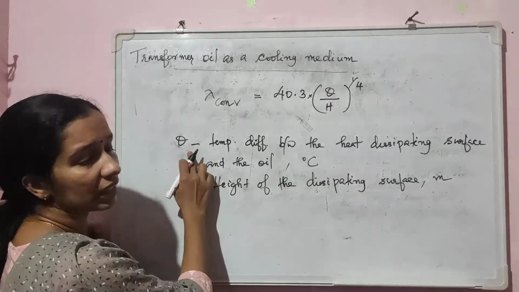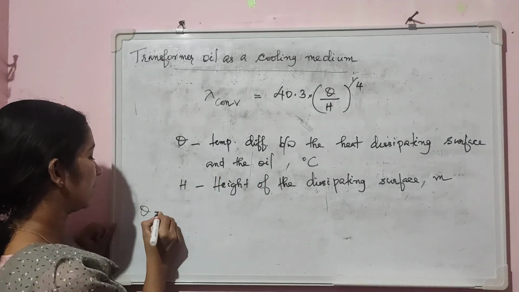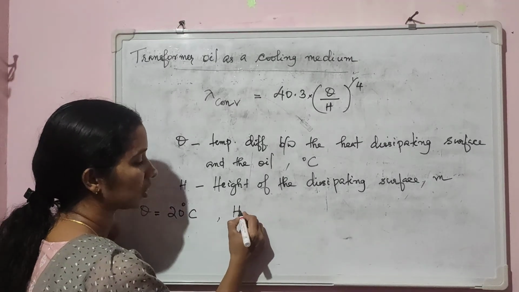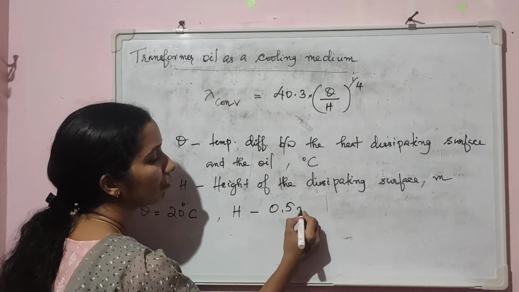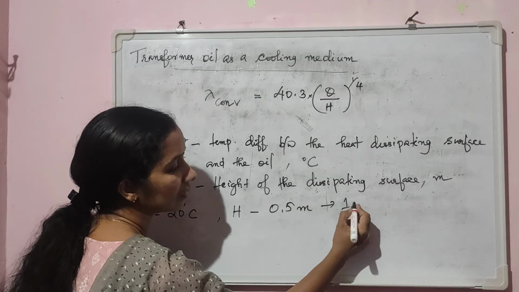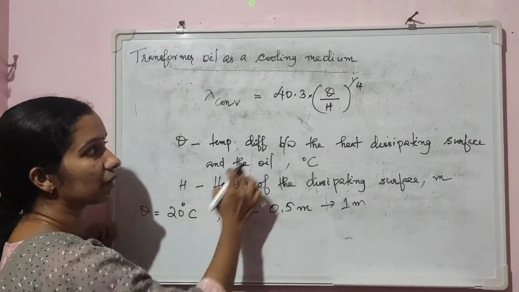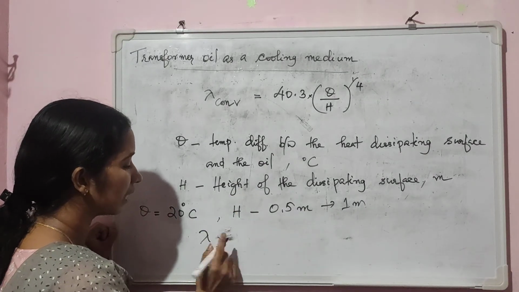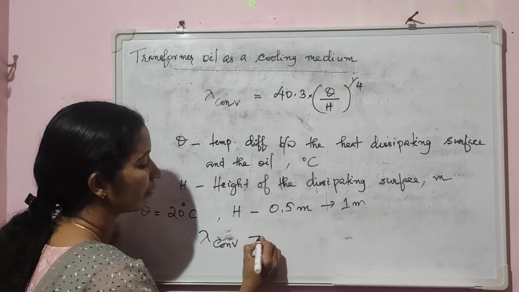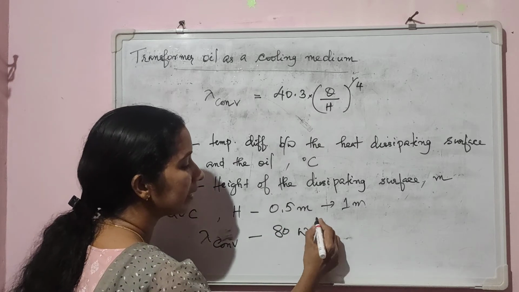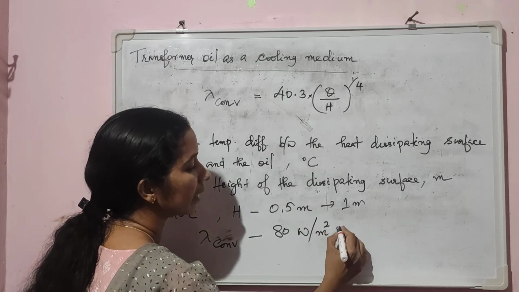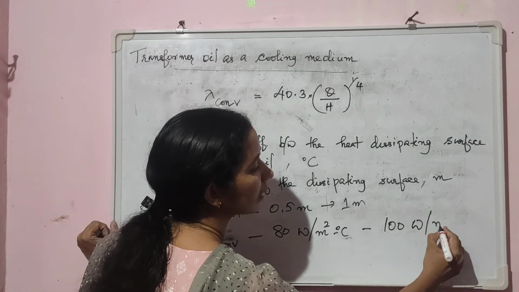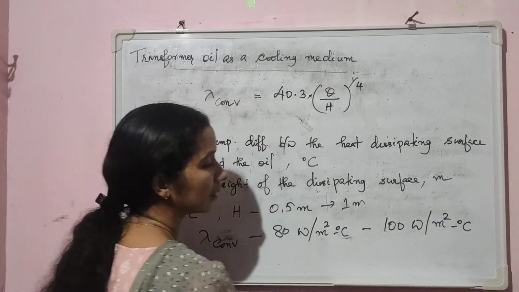If we consider theta equal to 20 degrees Celsius and h from 0.5 meter to 1 meter, on substituting these values in this equation, we get lambda convection varying from 80 watt per meter square degree Celsius to 100 watt per meter square degree Celsius.